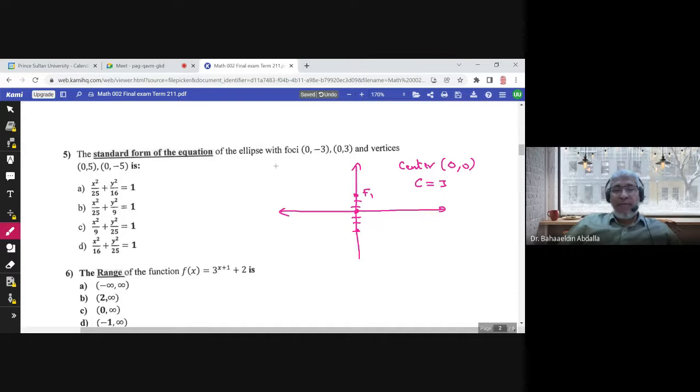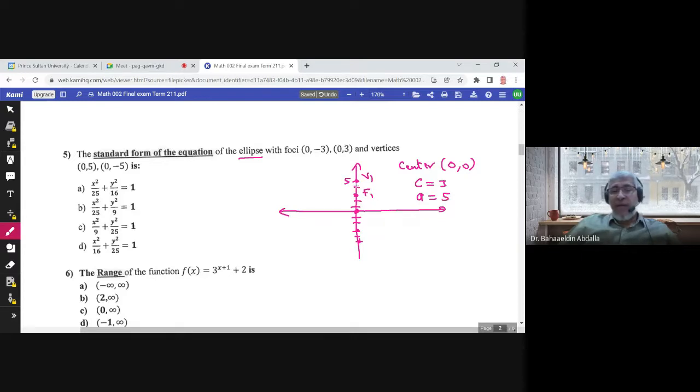Since it's an ellipse, the equation is x squared over something plus y squared over something equals 1. The other information, the vertices, are given at 5, so this is vertex 1, and at negative 5. The distance from 0 to V1 is a, the distance from the center to the vertex, so a is 5.